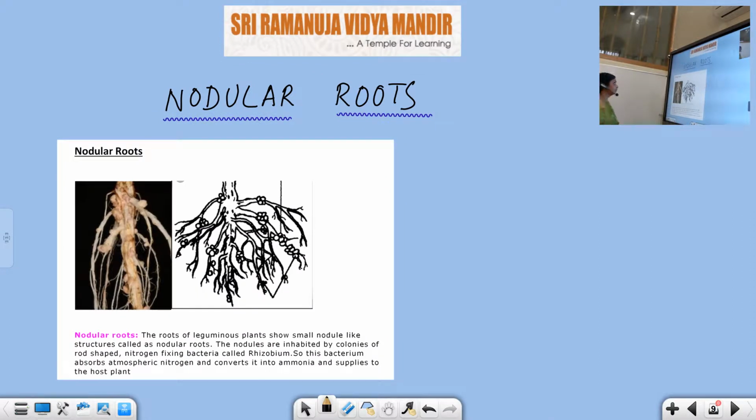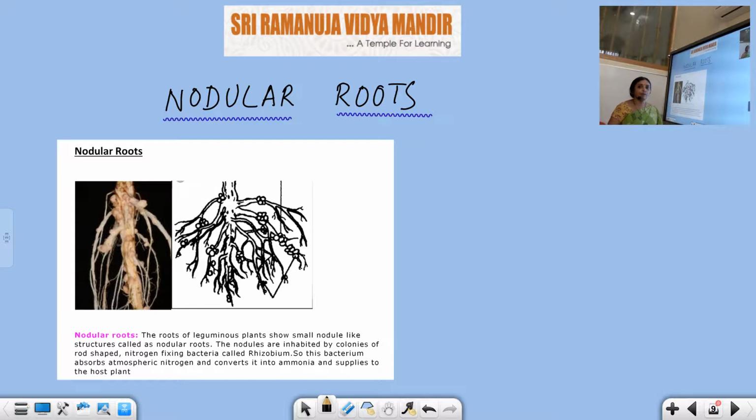Now come to nodular roots. So where do we find nodular roots? In some leguminous plants, Leguminaceae family, or you can say Fabaceae, another name of Fabaceae is Papilionaceae.